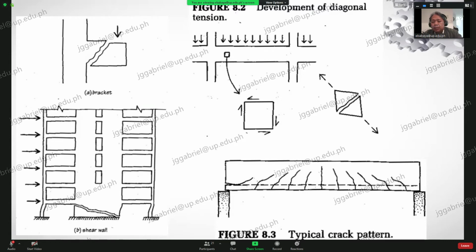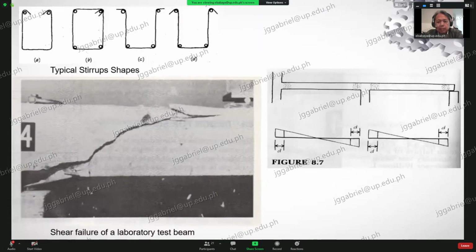Kasi combination na siya yung moment and shear forces. Okay, there. Ayan. Diagonal siya near the support. Because for continuous beams, this is the shear diagram. You have maximum near the support.